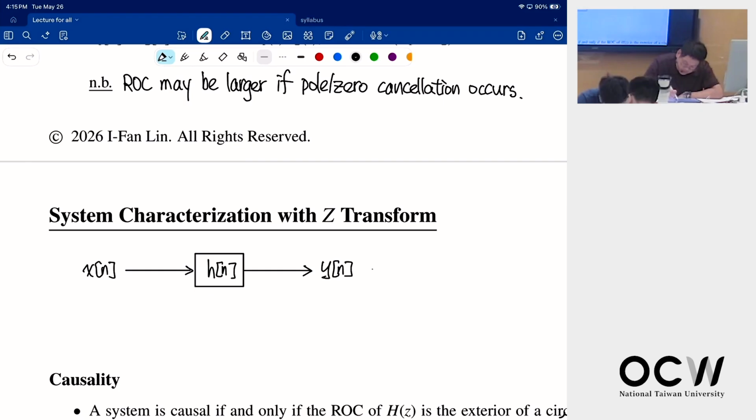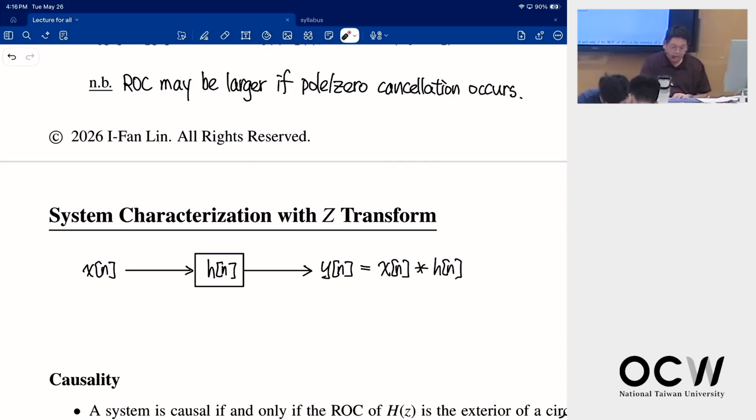Then your output is the signal convolved with the system function.